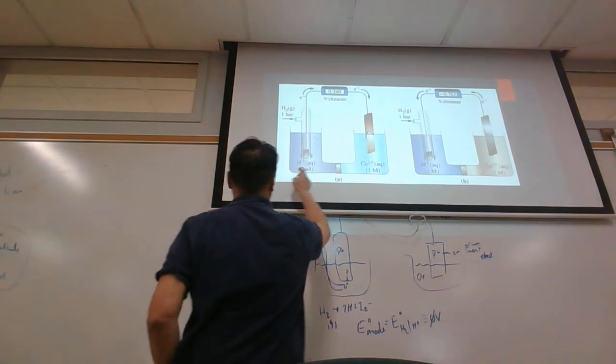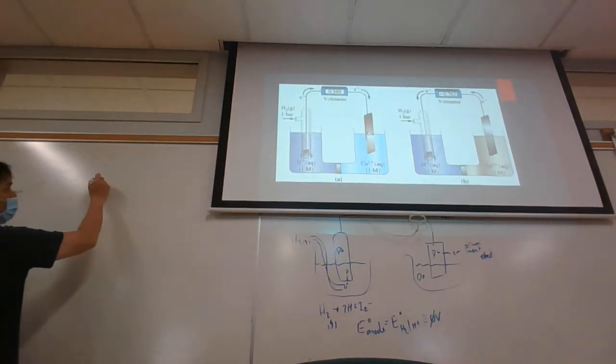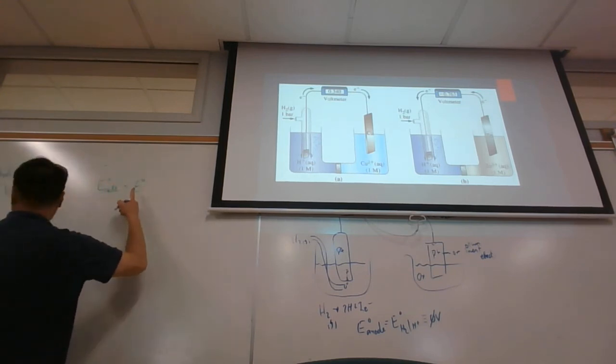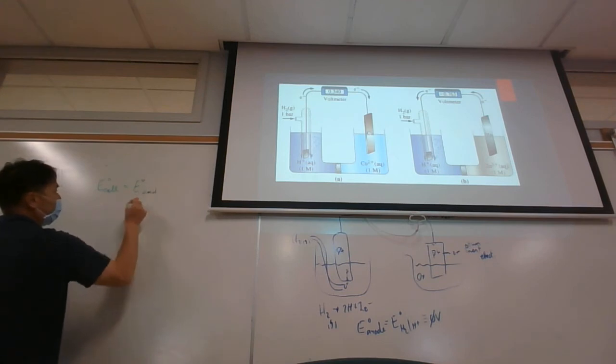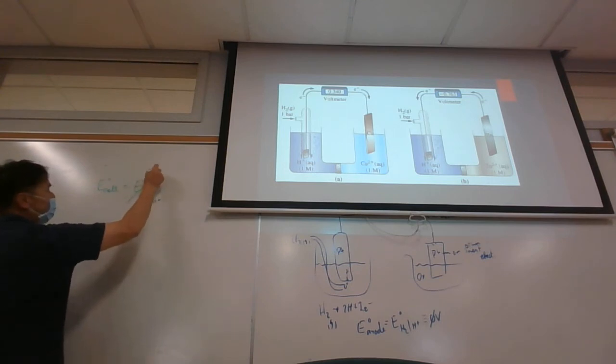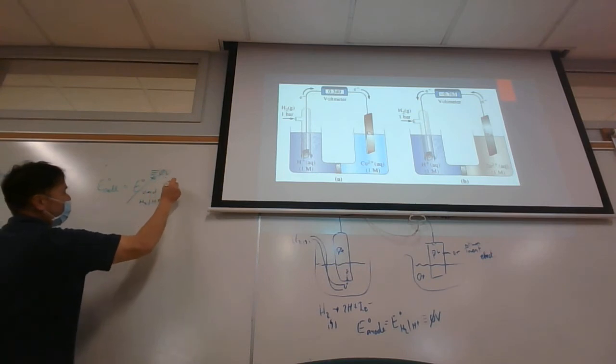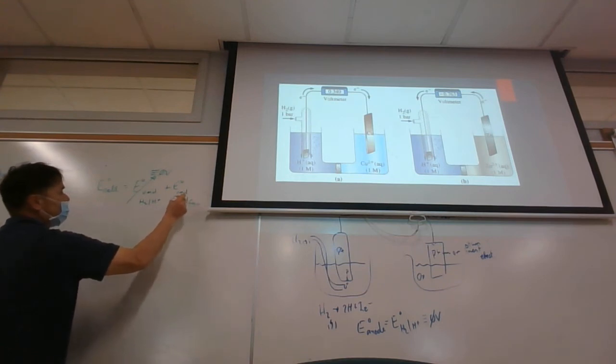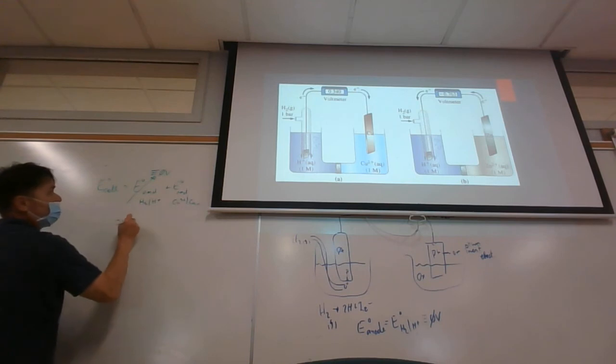And therefore, when I look at this cell here, the cell potential for this under standard conditions is going to equal E naught. This is going to be the oxidation potential here for H2 goes to H plus, and that is defined as 0 volts, plus the reduction potential for copper 2 goes to copper metal. And so this is going to equal 0.340 volts.